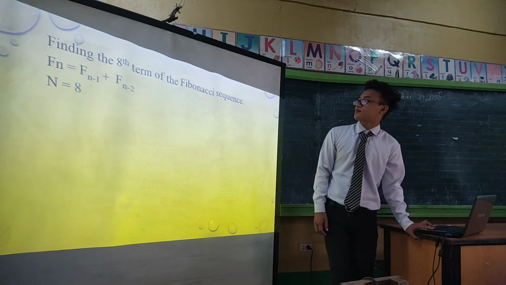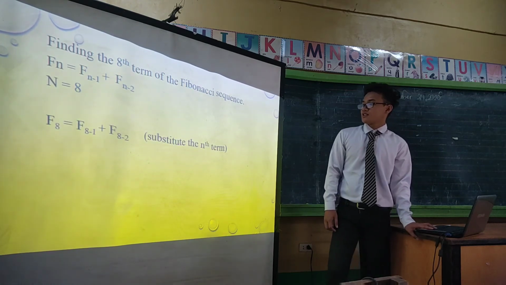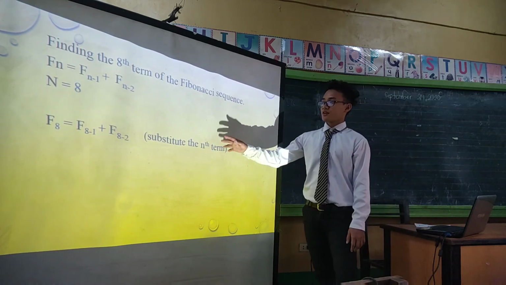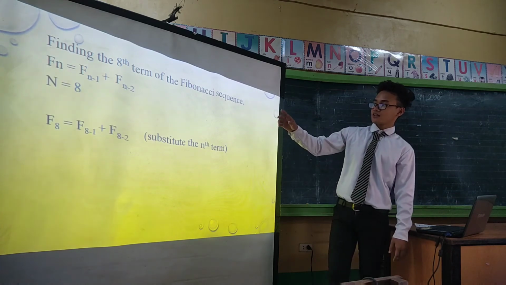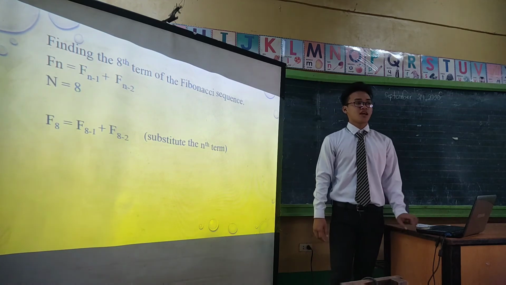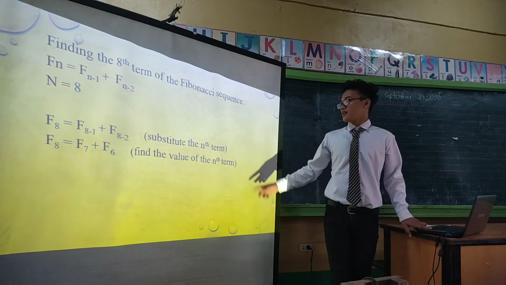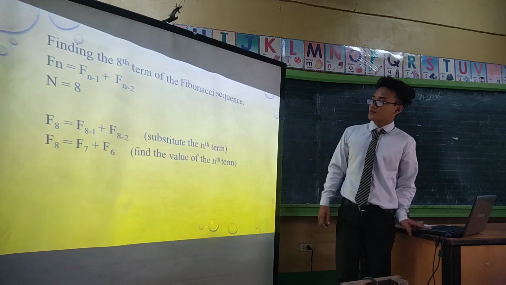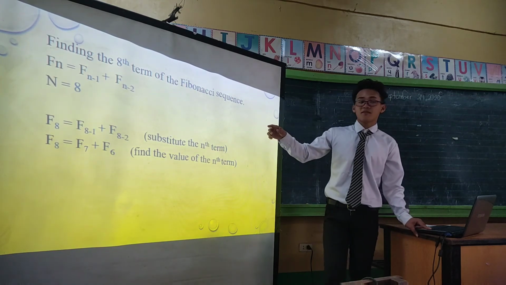And our n is equal to 8 since we're finding the 8th term. So, here's what we do first. We need to substitute the nth term. So, substitute the n. F8 is equal to F of 8 minus 1 plus F of 8 minus 2. That's the first step, guys. The second step would be find the value of the nth term. So, F8 is equal to, since 8 minus 1 is equal to 7, that's why F7.